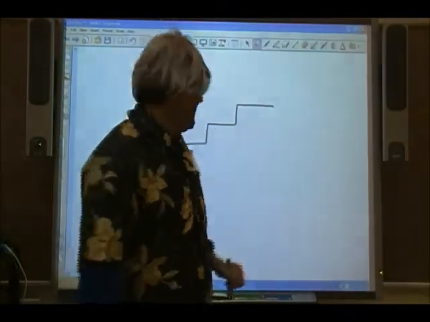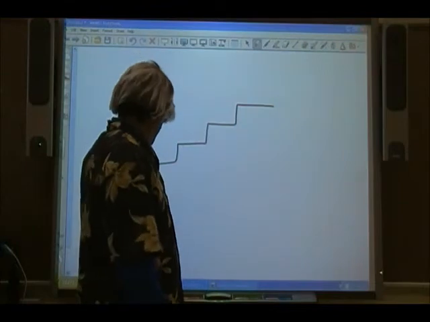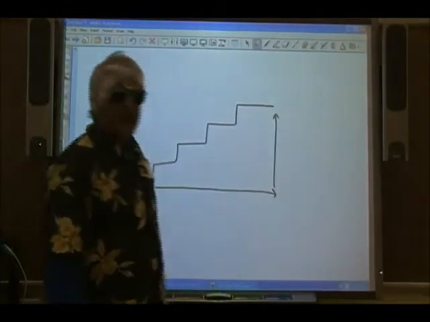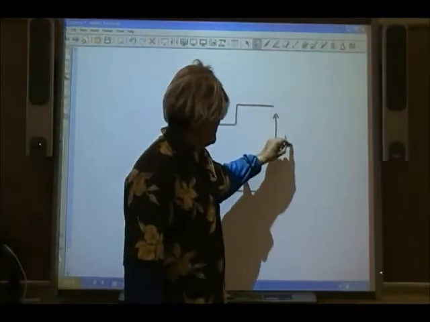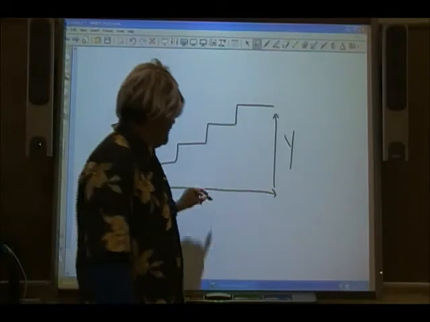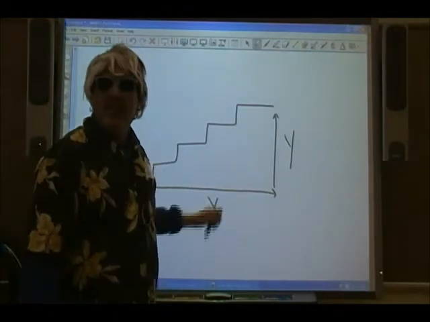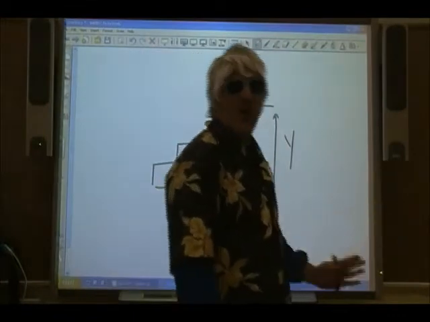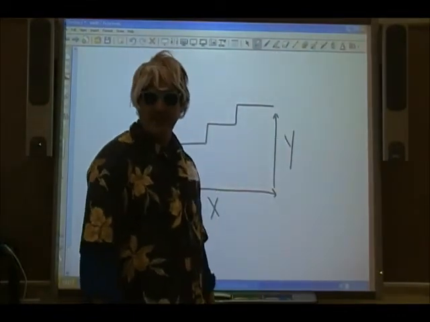But what you're really doing is moving in two directions. You're moving in the Y direction, which is going up, and you're also moving in the X direction that nobody thinks about. You're really moving this way while you're going up the stairs.